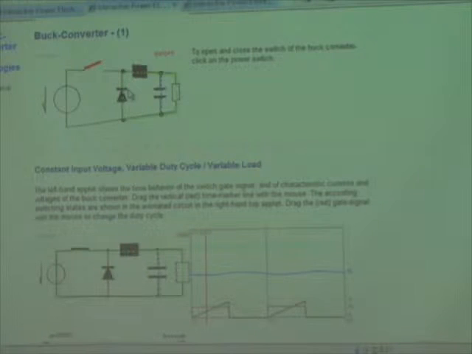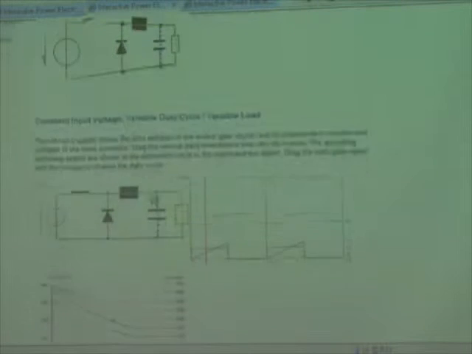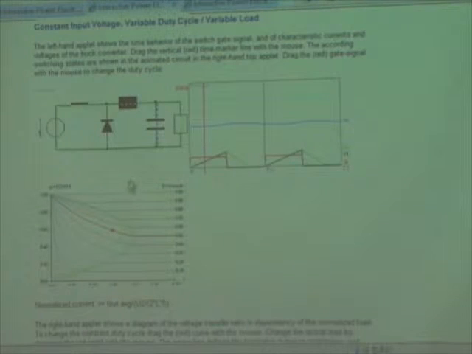Here it shows that the capacitor is charging, but it's supposed to be discharging. So if I use this waveform again, it's exactly the same thing.